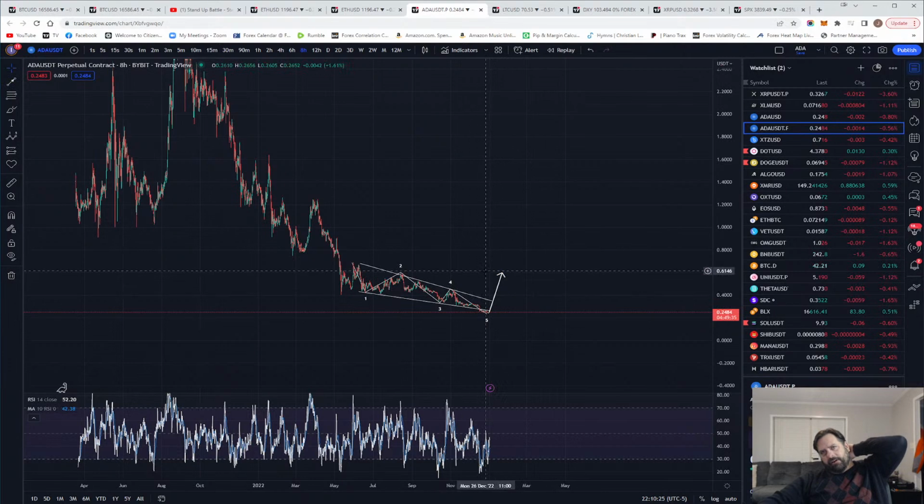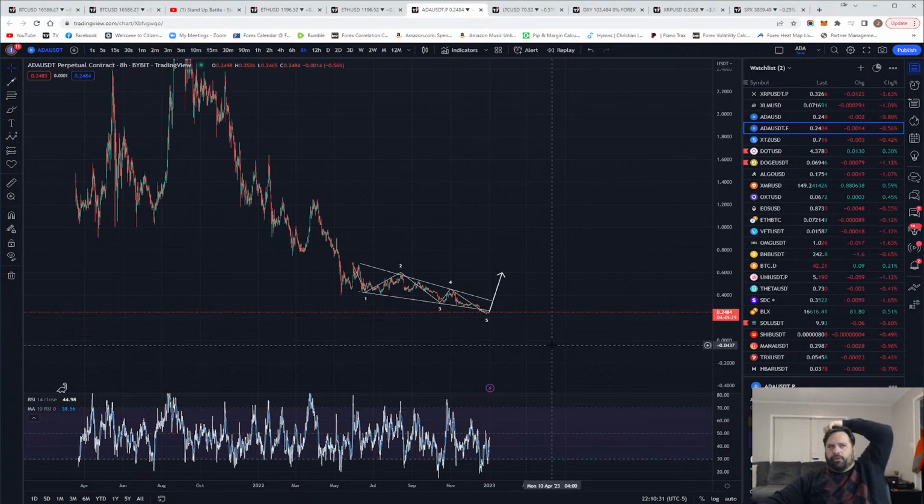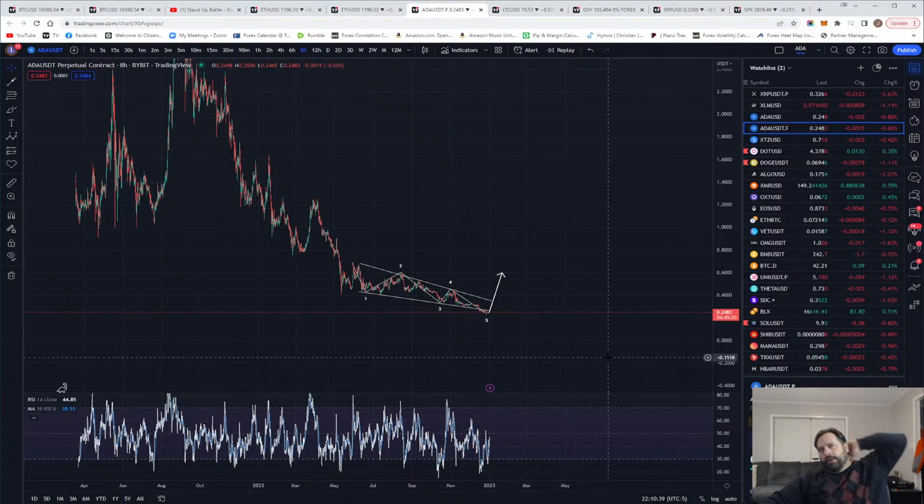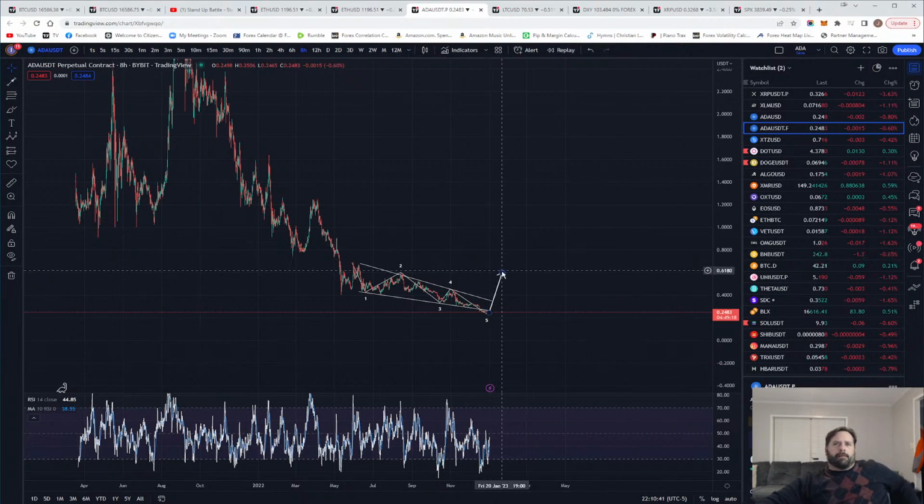I'd like to see this start pumping. In my opinion, it's a very, very good buy zone for ADA. And if you're buying in this current area, you've probably caught the bottom of some larger correction to the upside, I think.